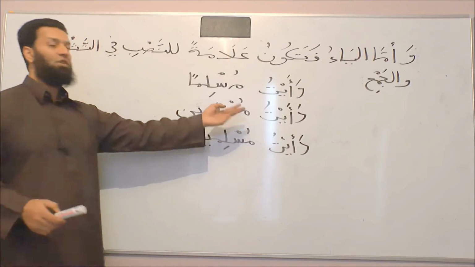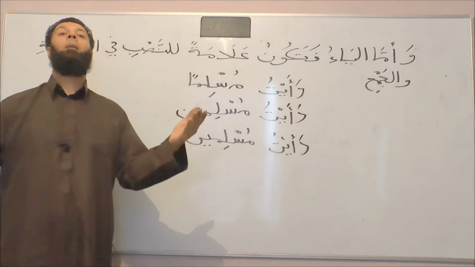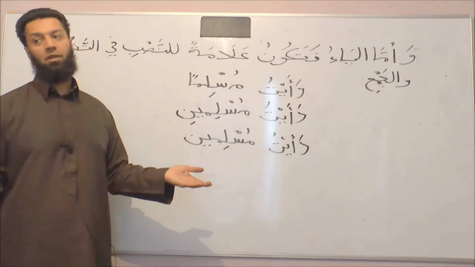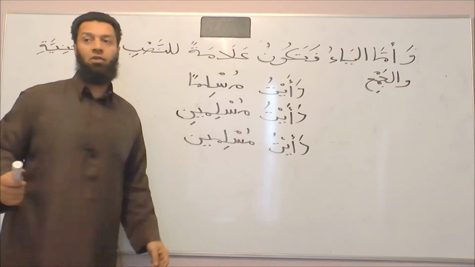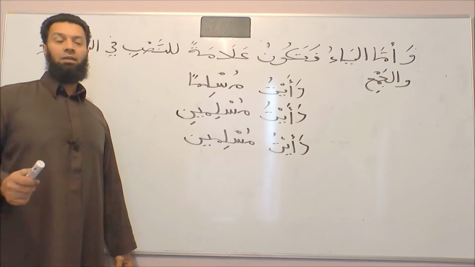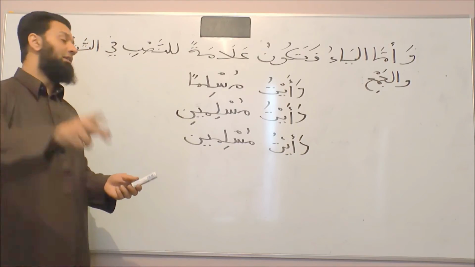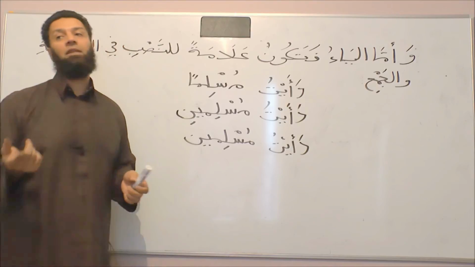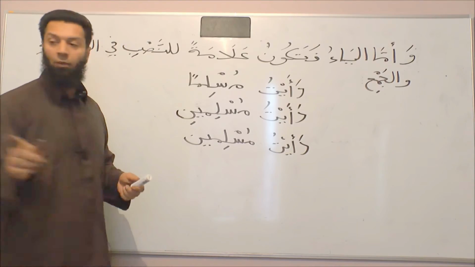One means I saw the two Muslims, and the other means I saw the plural Muslims, three or more. How do we know which one is which? Context. Yeah, the context, but it's important. Remember, I said that the way that you differentiate it in speech or in writing is what? With what?